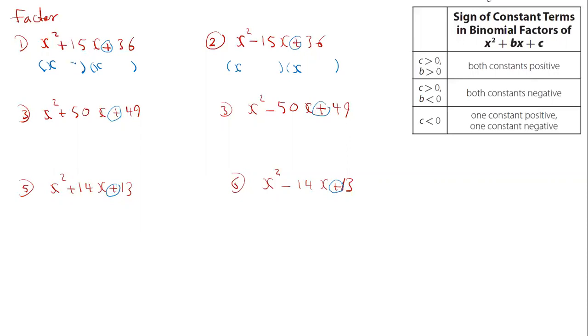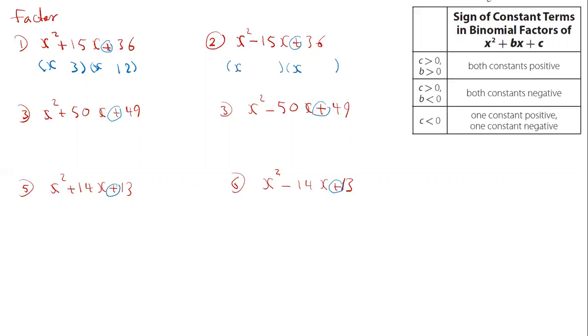Yes, 3 times 12 is 36, and 3 plus 12 is 15. Now the turn for the signs inside the brackets.